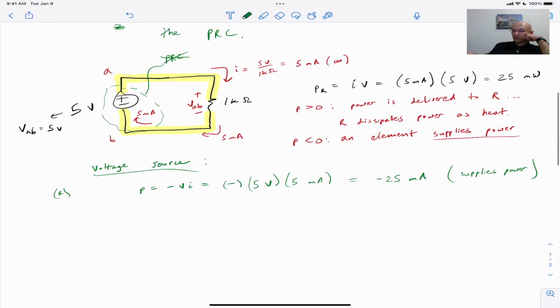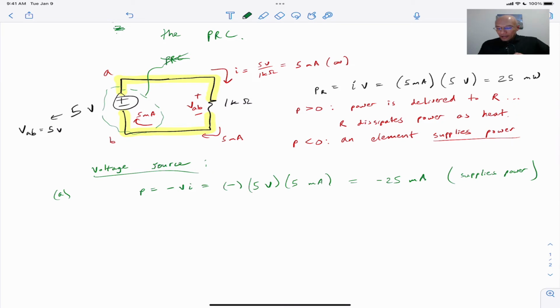Okay, next we'll try method B, which is to find a current or voltage to follow the passive reference convention. Well, how can we do that? We know that 5 milliamps flows upward through the voltage source. So we can equivalently say that there's a current of IR, for reverse, and that IR is negative 5 milliamps, right?